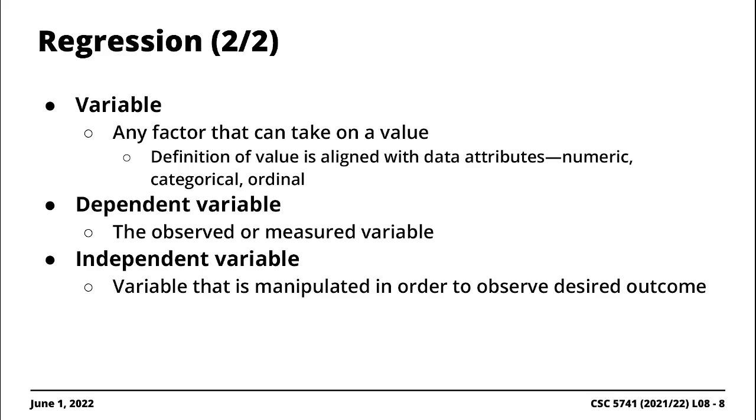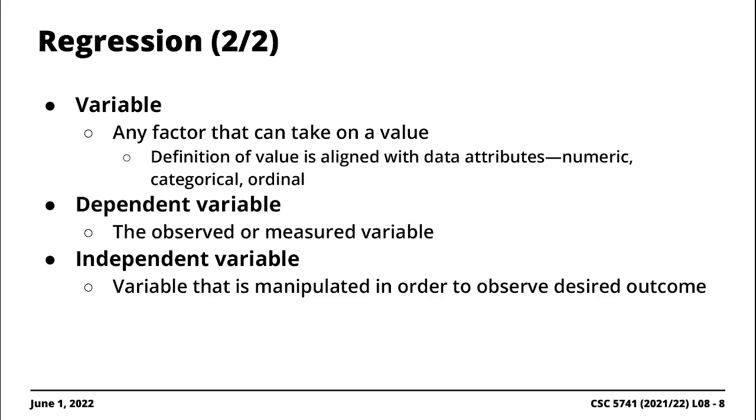So the dependent variable is the thing that you're measuring, or the variable that you're observing, the final outcome in this case, whereas the independent variables would be the factors, or the data attributes, that you would be manipulating in order to observe the desired outcome. So if you think about what's happening from the perspective of a labeled data set, that labeled data set will have different variations of input variables.